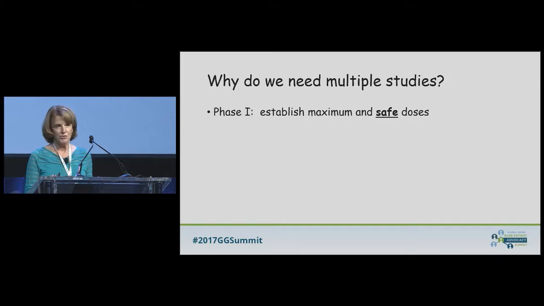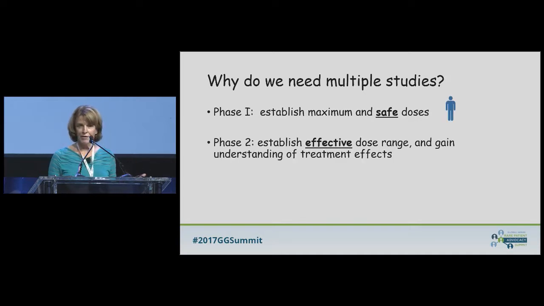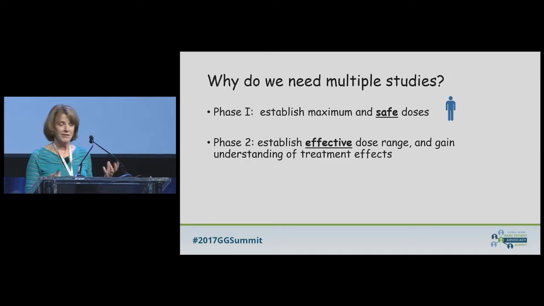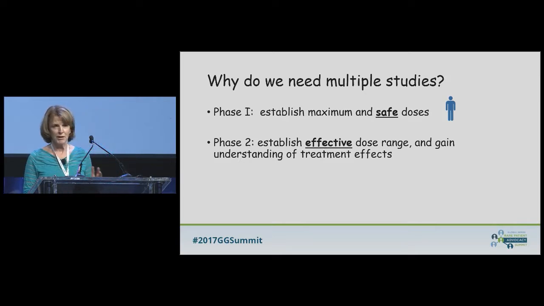These studies are usually in the neighborhood of 20 to 40 patients, and sometimes they're in healthy, normal volunteers. Then if that phase is successful, you would move on to phase 2, where the main objective is usually to establish what the effective dose range is and to start to get a better understanding of treatment effects.